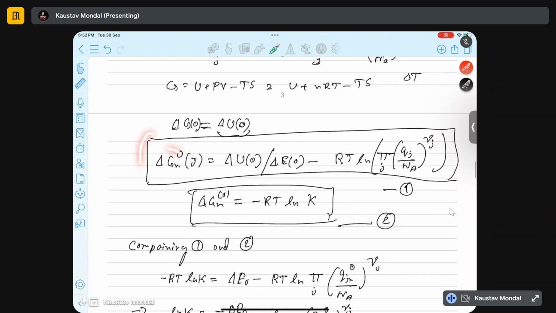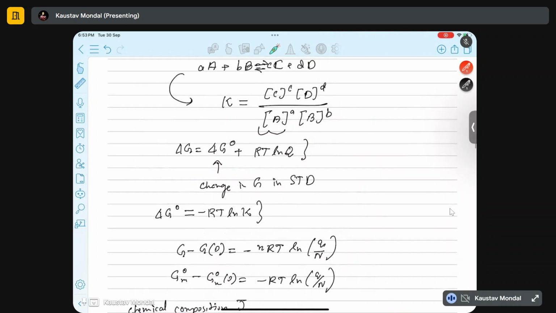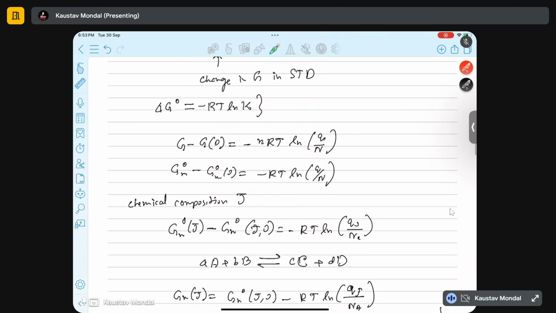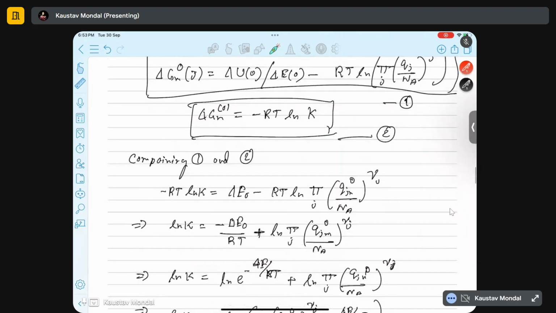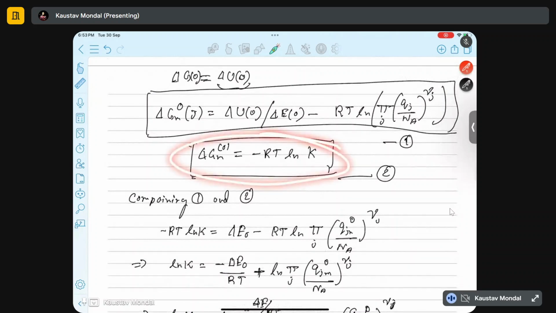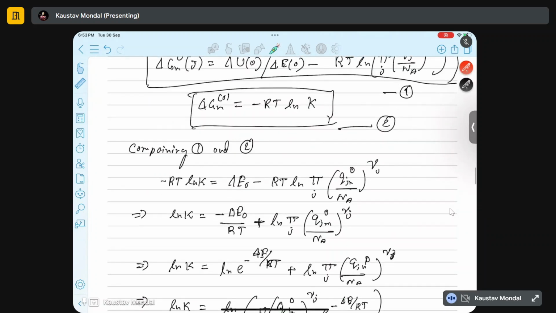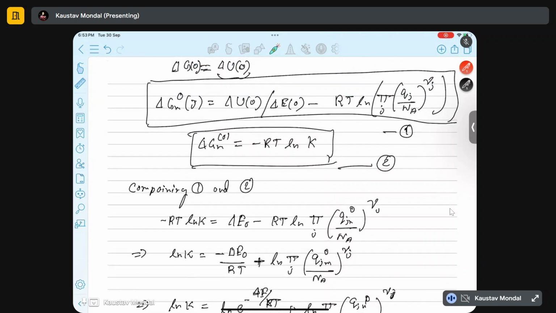This is the final expression of change in Gibbs free energy. Also, we know from our discussion of statistical mechanics another expression of change in Gibbs free energy for the standard case, where the Gibbs free energy is related to the equilibrium constant K.